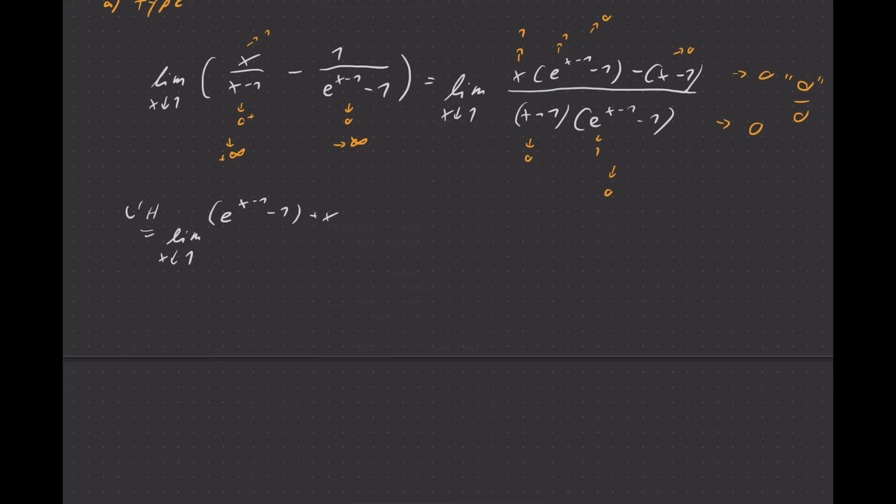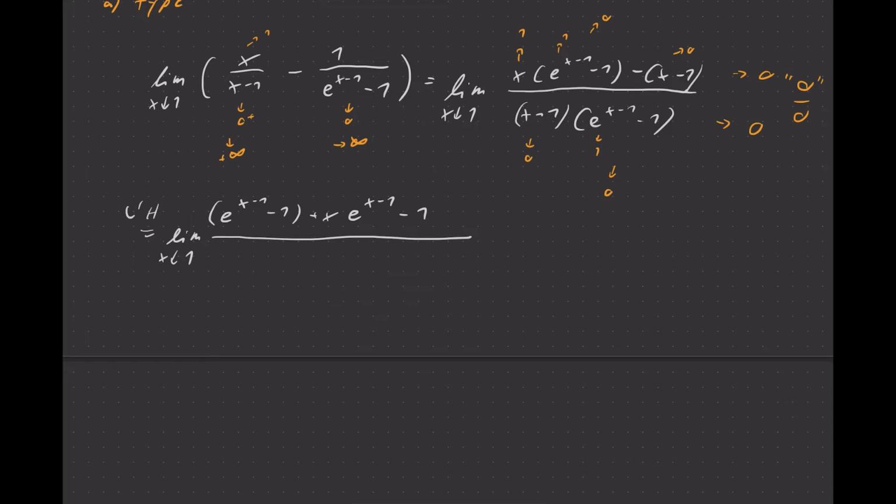So this is x times, and the derivative here is e to the power of x minus 1. Chain rule applied to that, just use a factor of 1, so nothing to add here. And this minus 1 vanishes. And then we have to differentiate that. That in turn is easy. It's just minus x plus 1 differentiated. So we're left with minus 1. So that was easy.